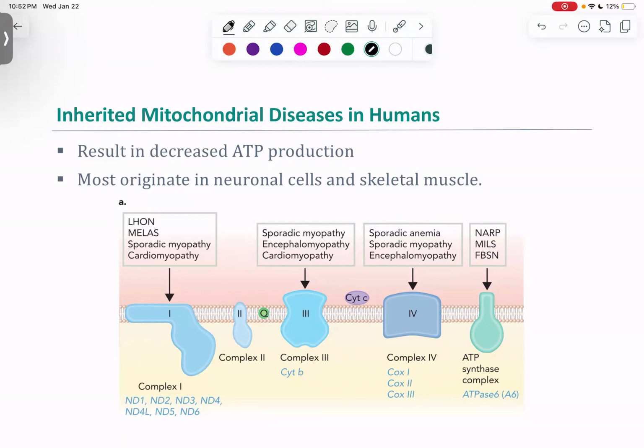When the egg cells are made, there's random segregation of mitochondria into that developing egg, that oocyte. So it's very, very variable compared to nuclear diseases. And so most of the time you'll see effects in neuronal cells and skeletal muscle cells because those are the two cell types that consume so much energy.